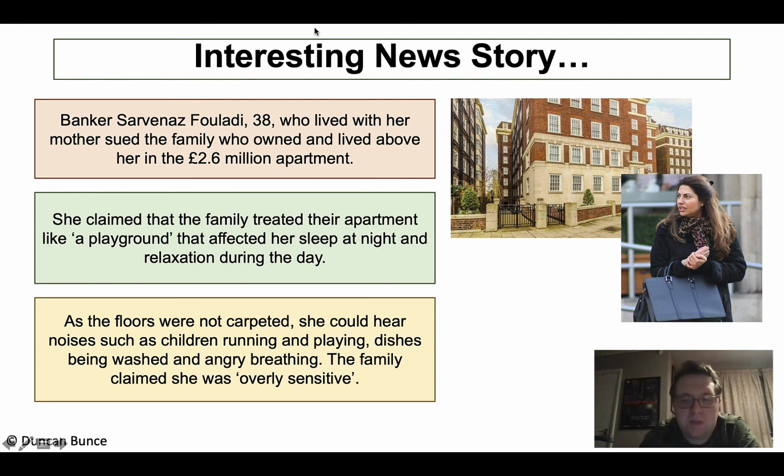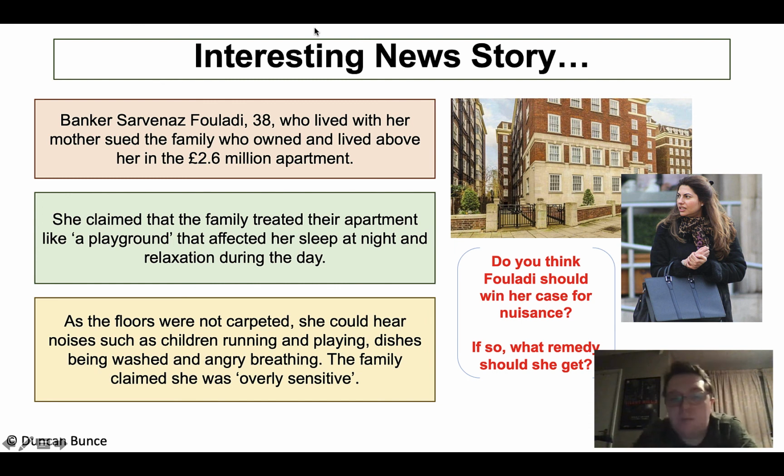So the question becomes, do you think Miss Fuladi in that picture there, who is angry with the family that live above her, do you think she should win her case? And if she does win in nuisance, what remedy should she get? Now, of course, damages, compensation is there.